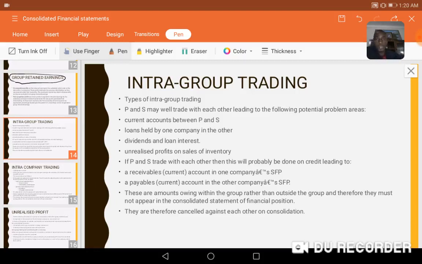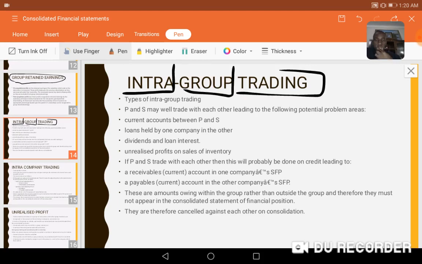Sometimes for you to get the meaning of something, you need to split the words. Like in this case, the word intragroup trading. The word trading means doing business. The word group means two or more.